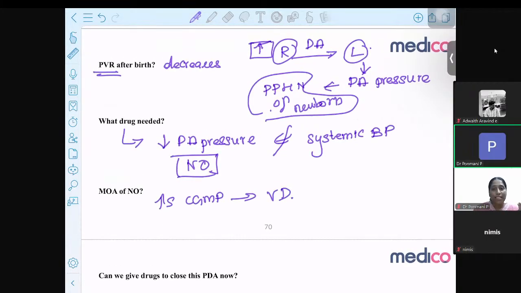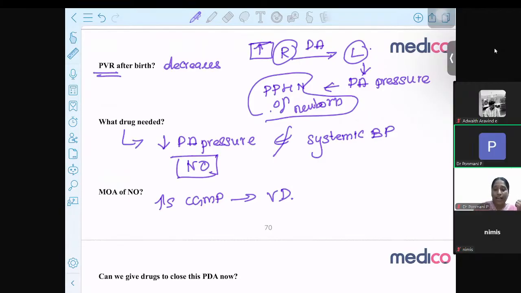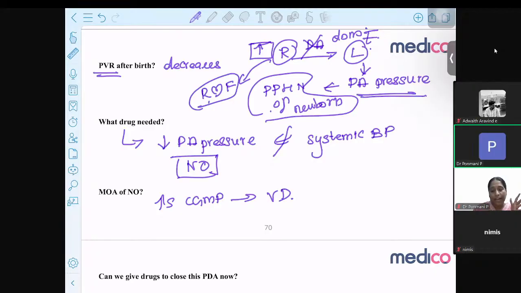Now one more question may arise. Why shouldn't I close this ductus arteriosus? If I close it, blood will not go to the left side of the heart, and hence the pulmonary pressure will decrease. No, don't make this mistake. If you close the ductus arteriosus now, it will lead to right heart failure, so you shouldn't do that. Once you correct the pulmonary artery pressure, the ductus arteriosus will close by itself.